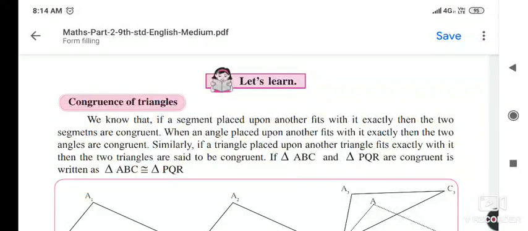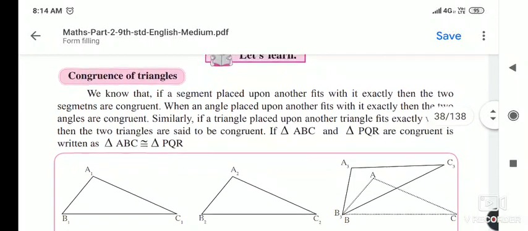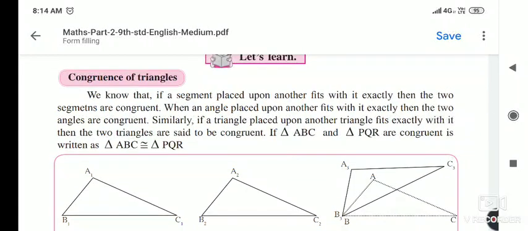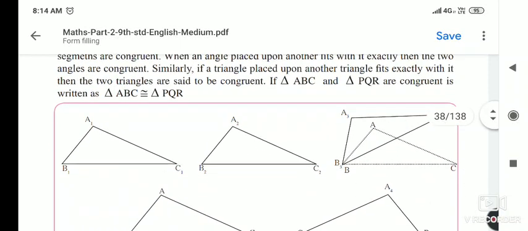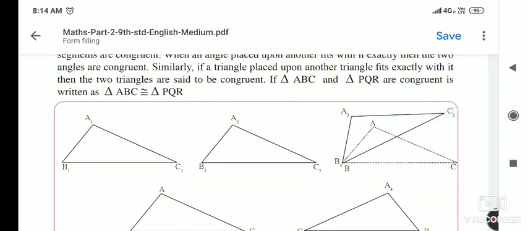Hello children. In the triangle lesson, in the last lecture, we had seen the congruence of triangles, and inside it we had seen the activity of showing triangles ABC and PQR are congruent.